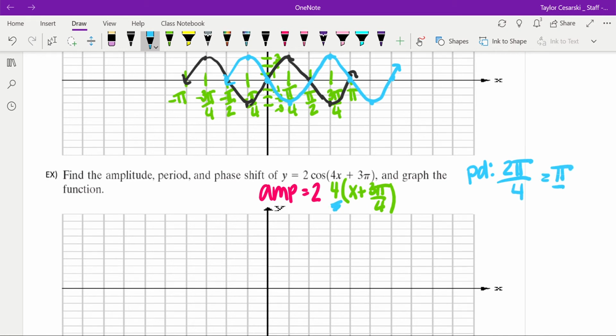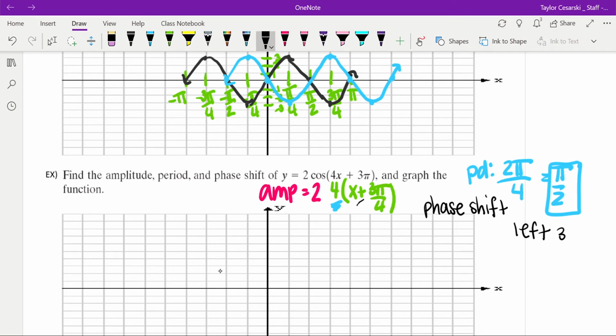So my period is pi over 2. And then lastly, for my phase shift, this one is positive, so that means it's going left, 3 pi over 4, after you factor out that 4. So one practice with graphing, and then one practice with just analyzing.